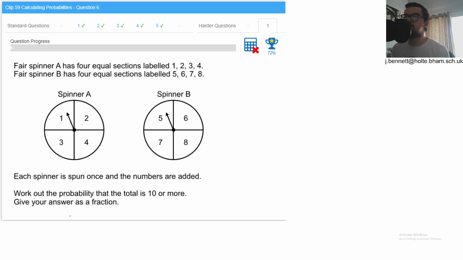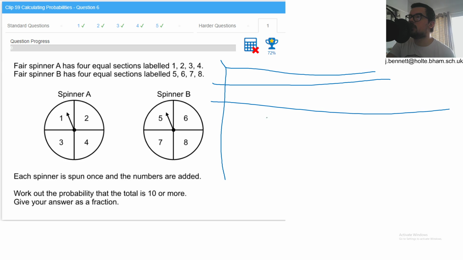A fair spinner has equal 1, 2, 3, 4. A fair spinner has equal 5, 6, 7, 8. Work out the probability that a total of 10 or more is made. Okay, so if we're going to draw one of these things here, and you'll see what I'm doing in a second.